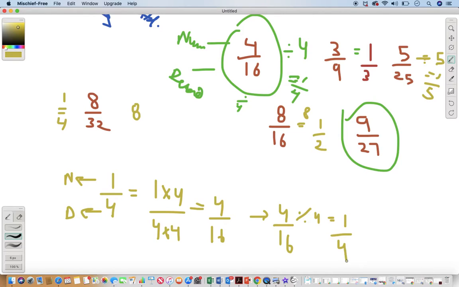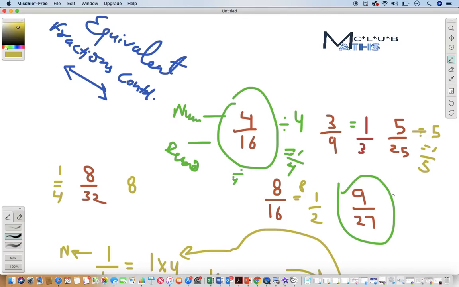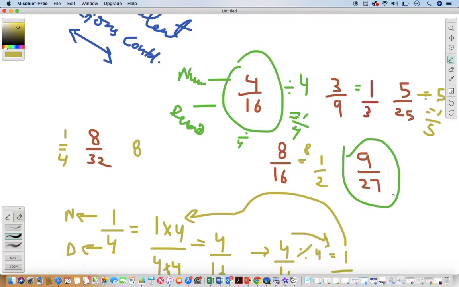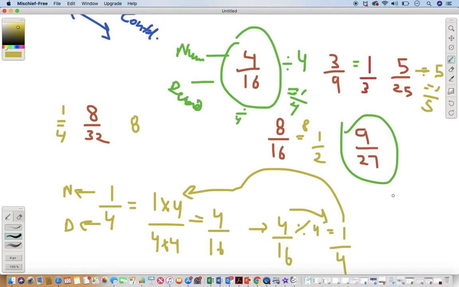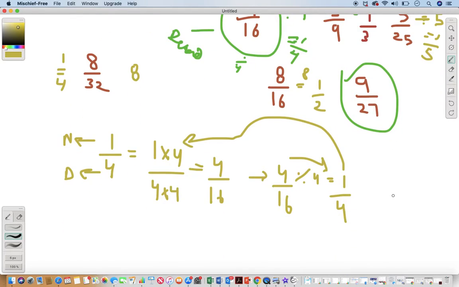So 1 by 4 is our equivalent fraction, and we can obtain it either by multiplying by 4, or by dividing 4 by 16 by 4. This is our equivalent fraction. It's very simple, very basic, but it is one of the key things we have to understand. I hope you have understood the video and what exactly equivalent fractions are.